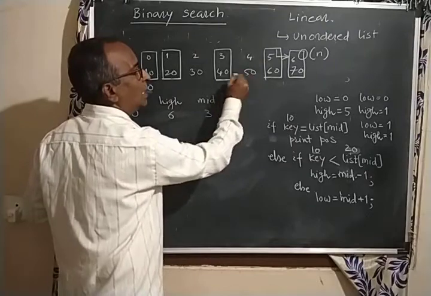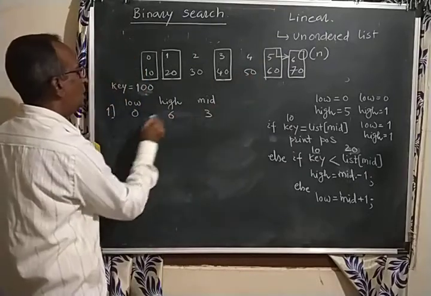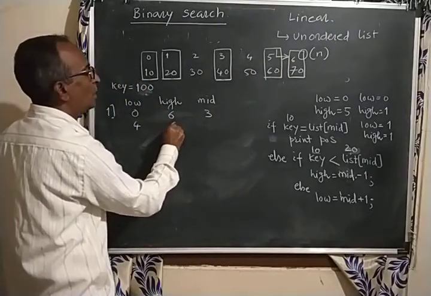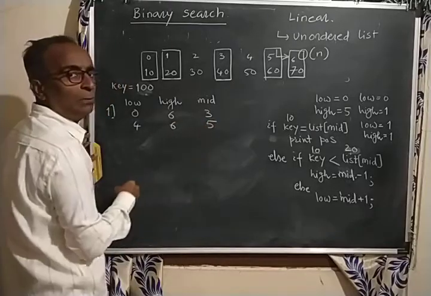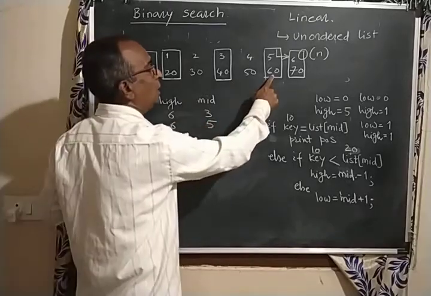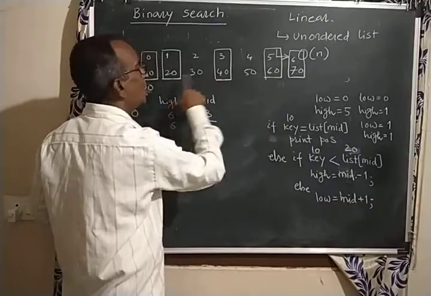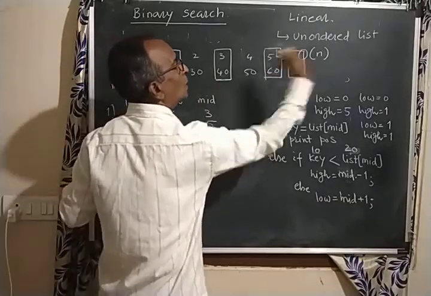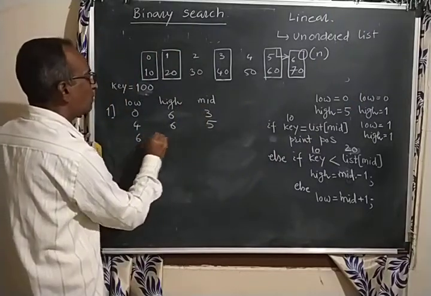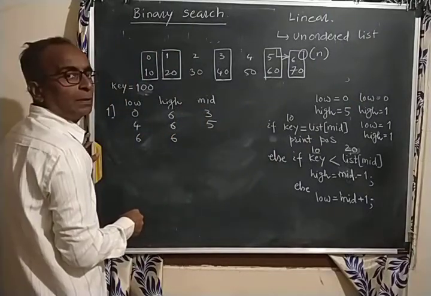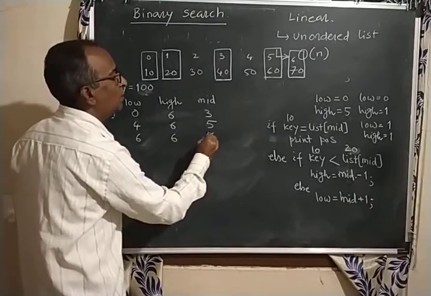So low will be changed, mid plus 1, mid is 3, 3 plus 1, 4, this will be 6. This mid element calculated, value calculated is 5, so this will be next mid. Now compare with 100, 100 lies towards right hand side, so low is changed, low will be 6 now, 6 plus 6, it will be 6.